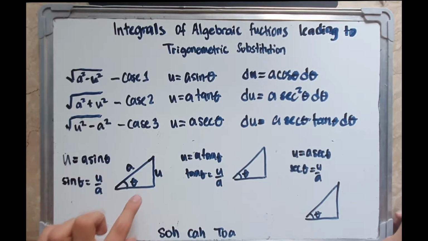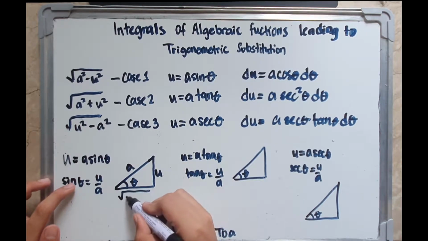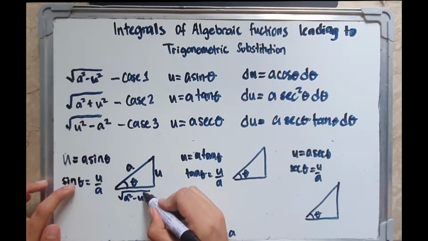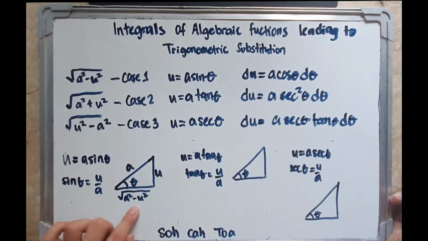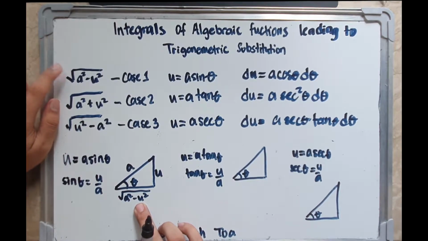Therefore, using the Pythagorean theorem, this side right here is the square root of a squared minus u squared. Okay, so as you can see, this is our algebraic function right here.